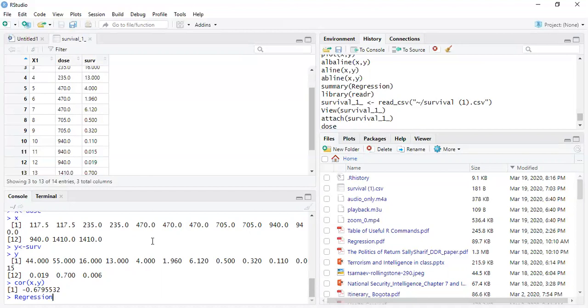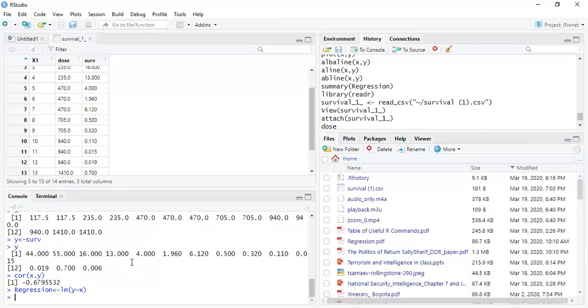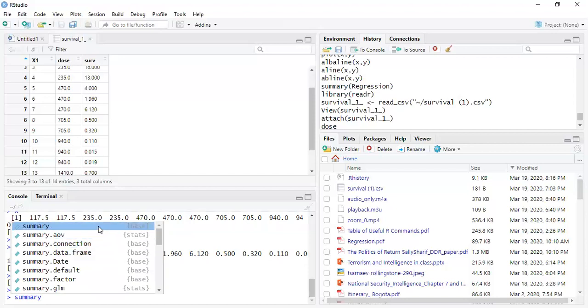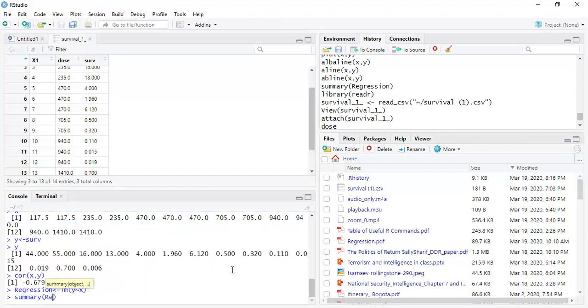In RStudio, our statistical environment, it's basically lm with the dependent variable first, Y, then the tilde, and X. So we're calling this regression, giving it a name so we can get a summary of it. So now we want a summary of this regression.